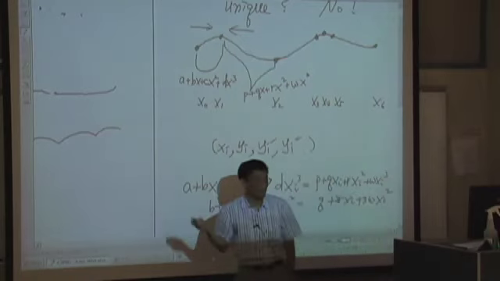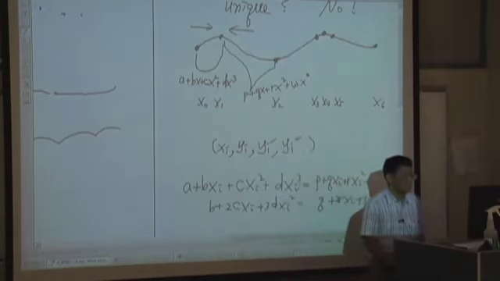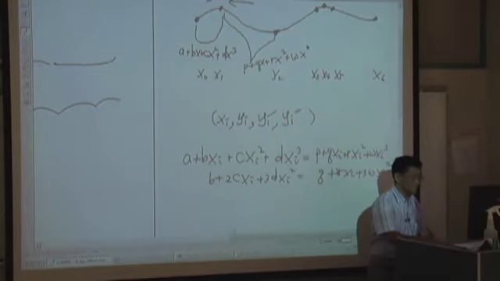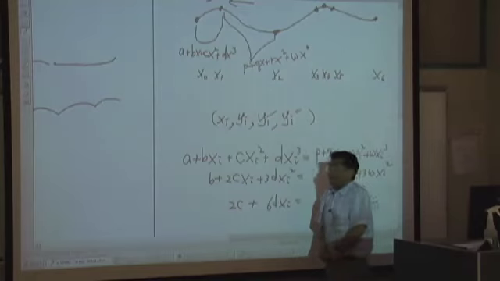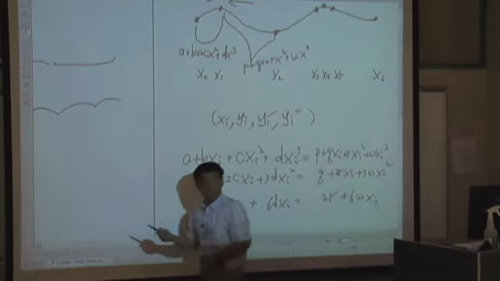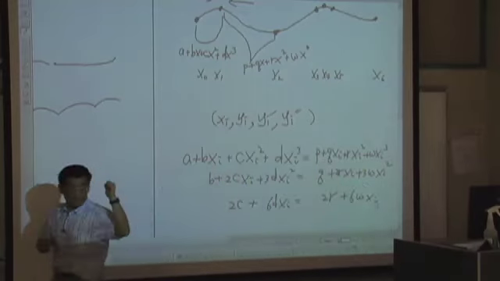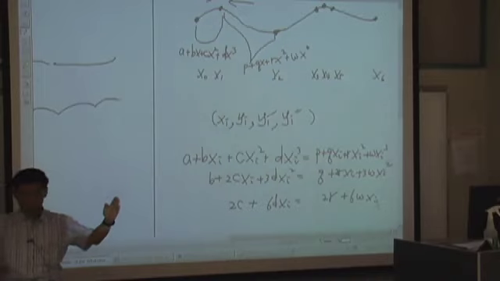And then the second derivative: 2c plus 6d xi equals 2r plus 6w xi. So you should solve a system like this from the leftmost point to the rightmost point of the given problem.